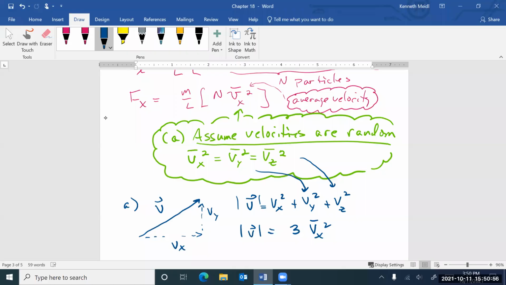And so if the y and z components are the same, then I could just say, well, one component is as good as the other, because I'm looking above at the force in the x direction. But the situation is more complicated than just looking in one direction here. So there are really 3 dimensions to consider.